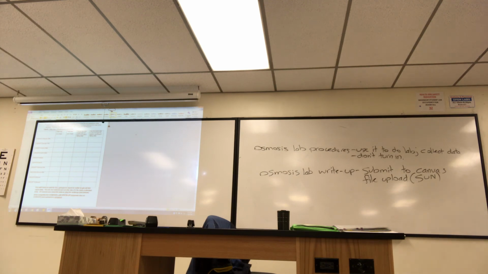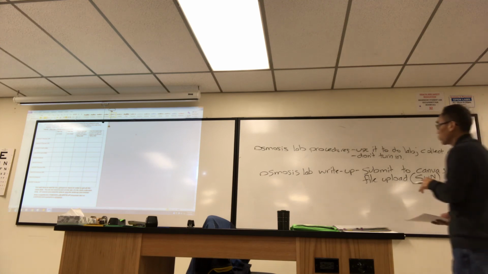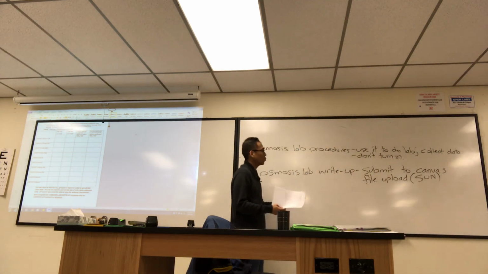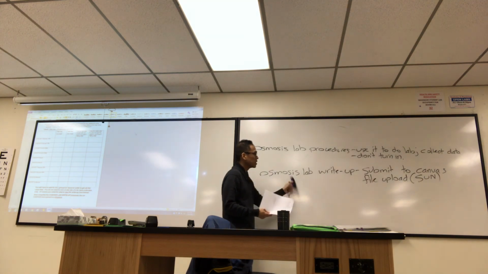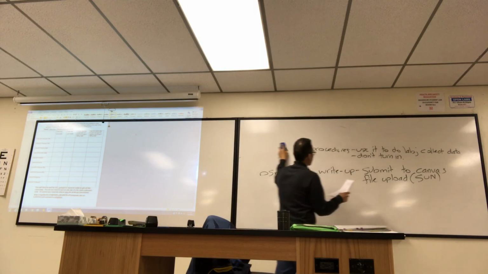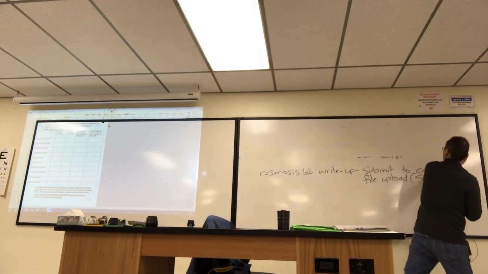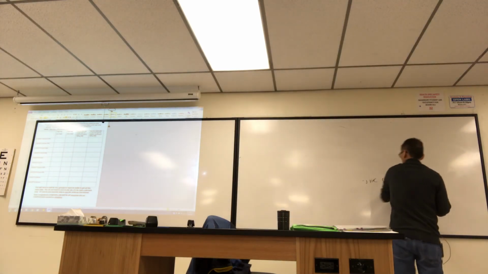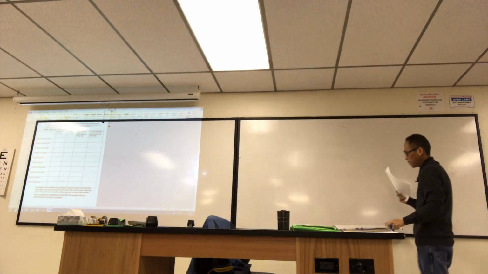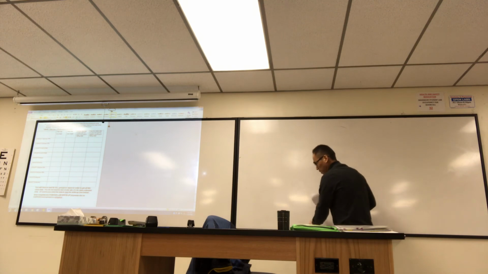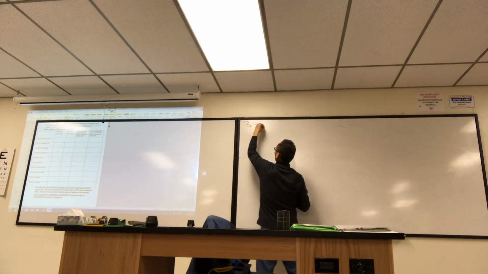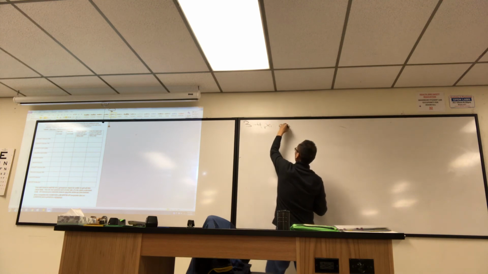Now, in terms of groups, I'm going to let you guys form your own groups. But I would like to know who you're working with. So I'm going to erase this, so you guys got it? Since we have 10 groups and there's about 35 people, it should be 3 or 4 people per group.